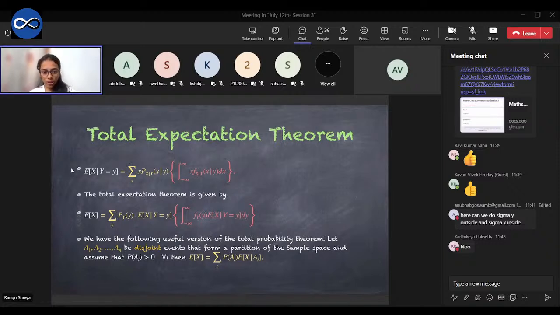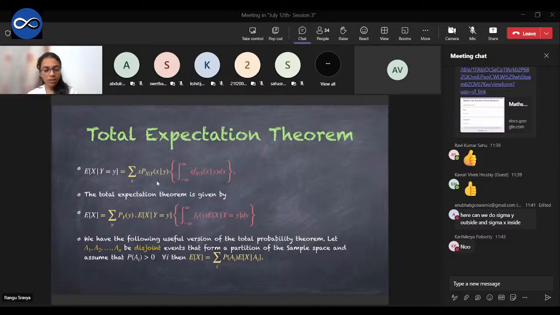So we have the following useful version of the total probability theorem. Let A1, A2, and so on, An be disjoint events that form a partition of the sample space, and assume that P of Ai is greater than 0 for all i. Then E of x is equal to sigma i of P of Ai into E of x given Ai. So just assume each y equal to y to be a different event. Consider those events to be A1, A2, A3, and so on, disjoint events.